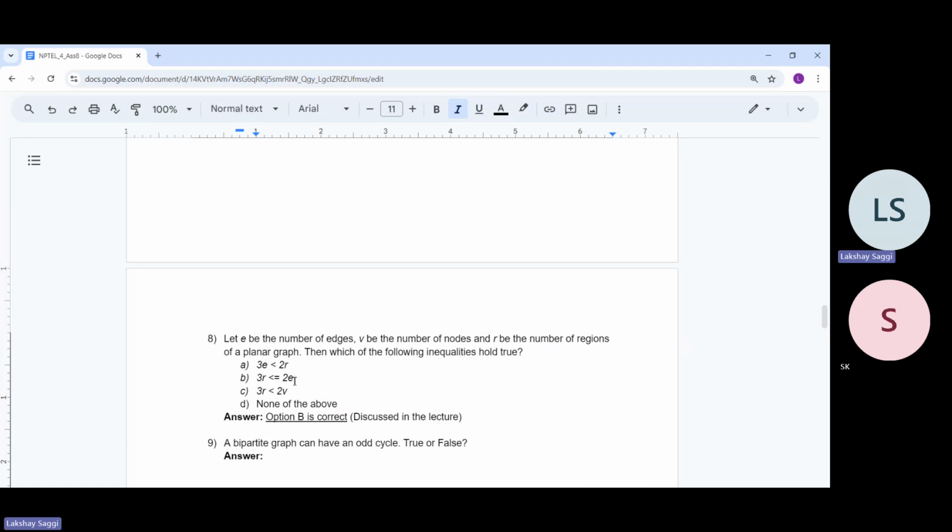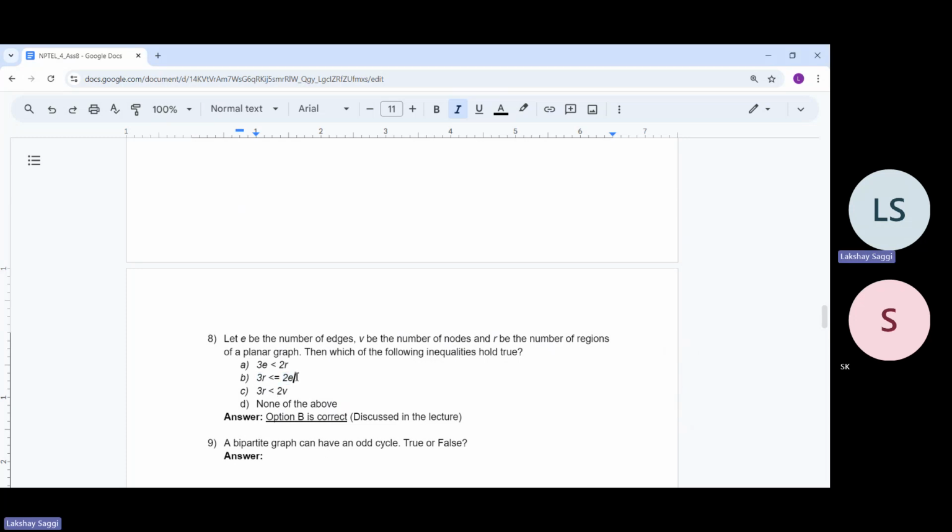This is why the sum of perimeters of all regions is equal to 2 times the number of edges. And this sum is greater than or equal to 3R, because every region has a perimeter of at least 3. So I just discussed the high level idea.